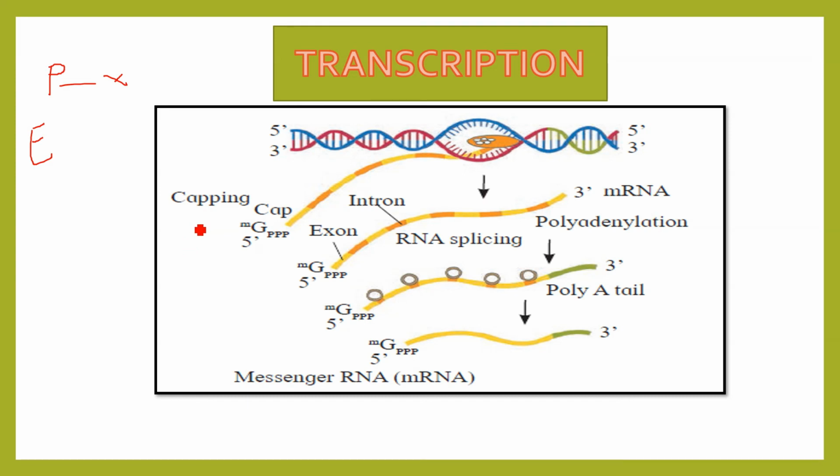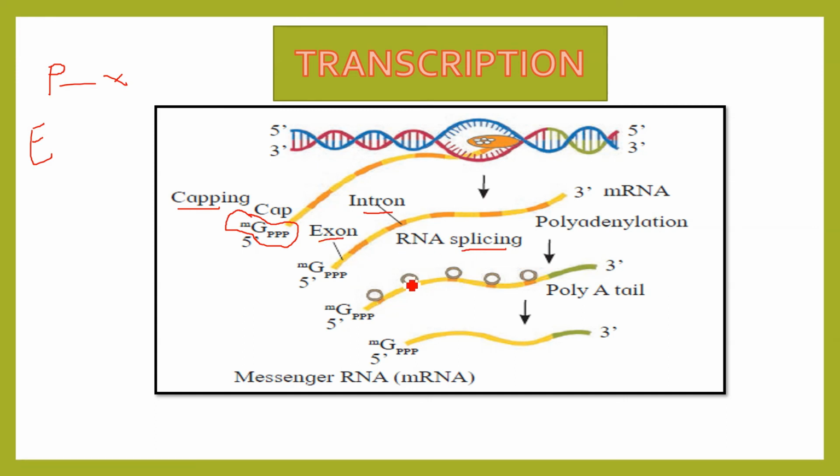The very first modification is capping. You have to put the cap of methyl guanosine triphosphate at the 5' end. The second is splicing. Introns are the part which we do not require; it is only present for no use. The intron has to be removed by splicing, and the only thing left is the exon.